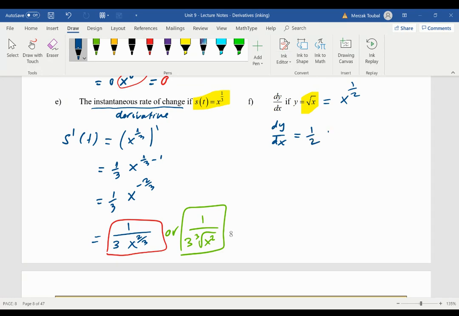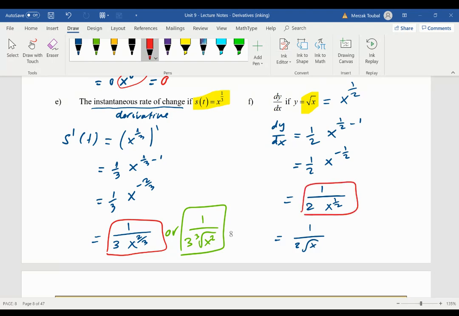So 1/2 x to the 1/2 minus 1, 1/2 x to the negative 1/2. And then we move the x to the negative 1/2 to the denominator. So 2 times x to the 1/2, which is 1 over 2 square root of x. So this is acceptable. This one also is acceptable.